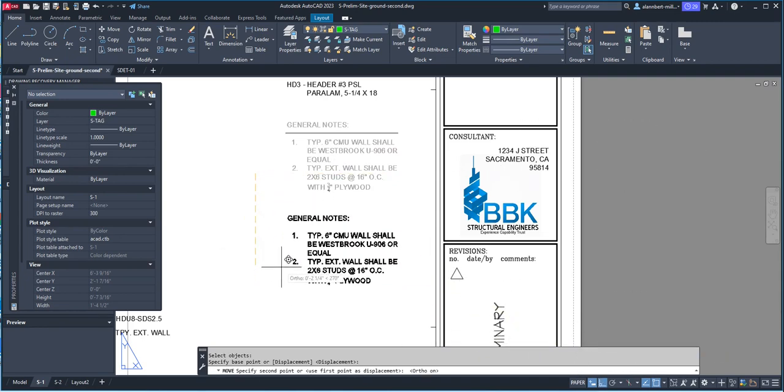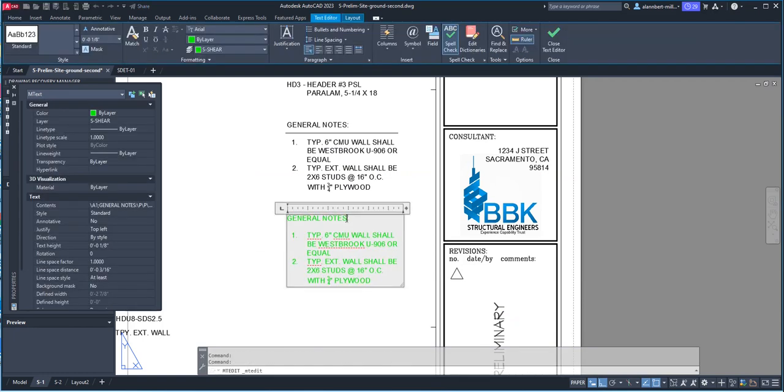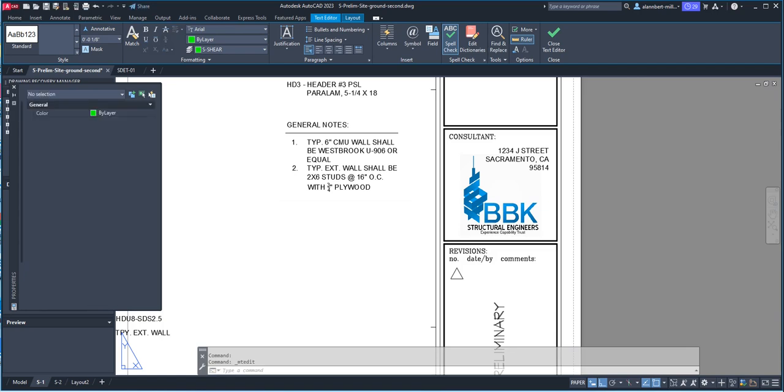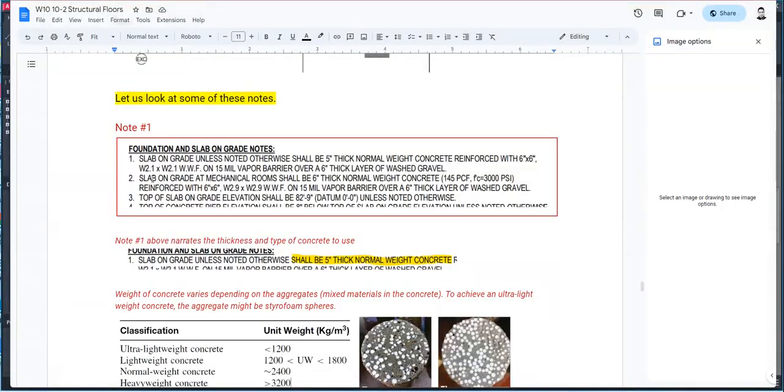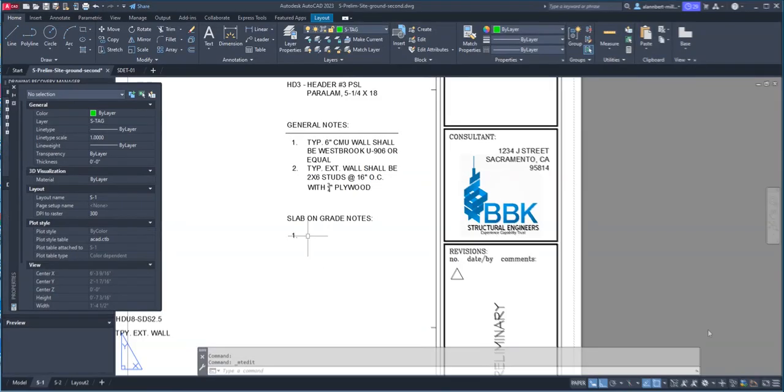And we're just going to put it here. And we're going to change this to slab on grade notes. And we're going to change all of that. Just delete. Okay. And we're going to copy the notes listed here and put that over here.